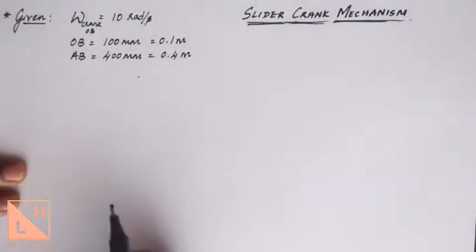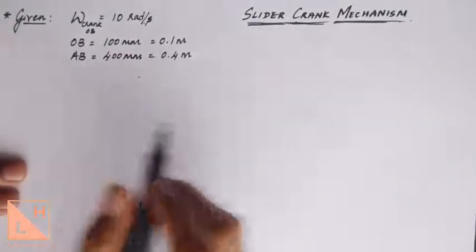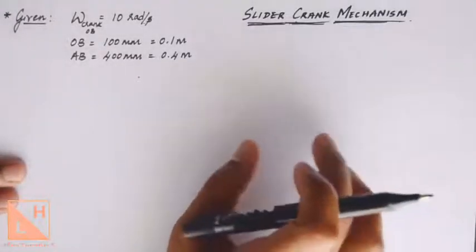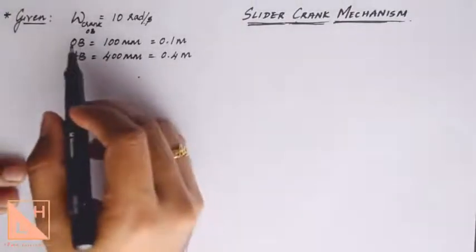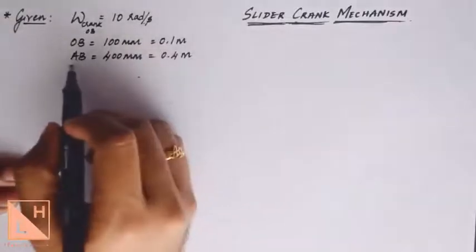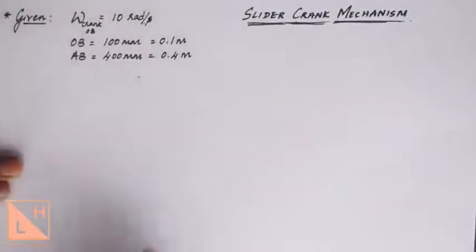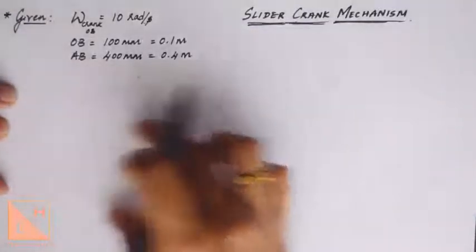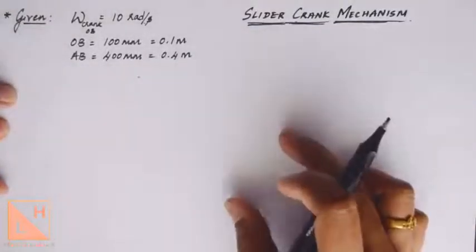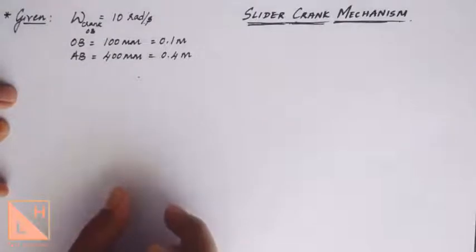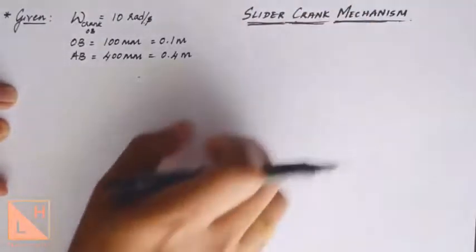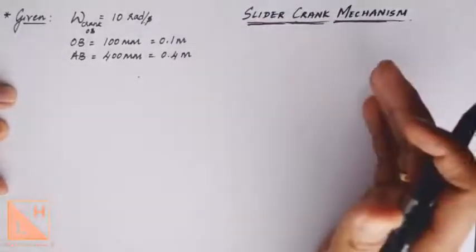We do not know the name of the slider, so according to the given names itself, that is AB, OB and all, we'll construct the slider crank mechanism for the given dimensions. So we have the crank as 0.1 meter and AB as 0.4 meter. You can take a respective scale which fits your mechanism within the page, and at the same time, when you find out the instantaneous centers, you'll be constructing some lines that extend and connect somewhere at a farther distance.